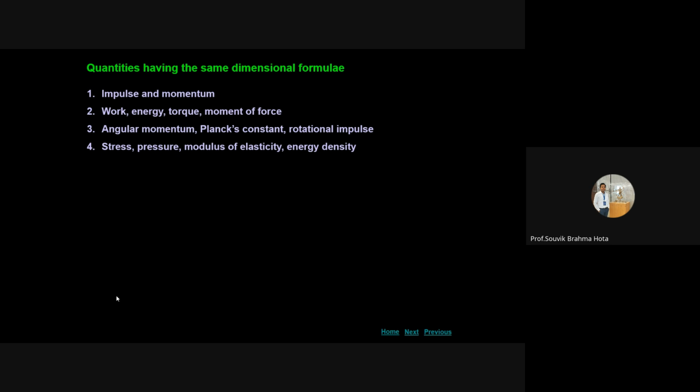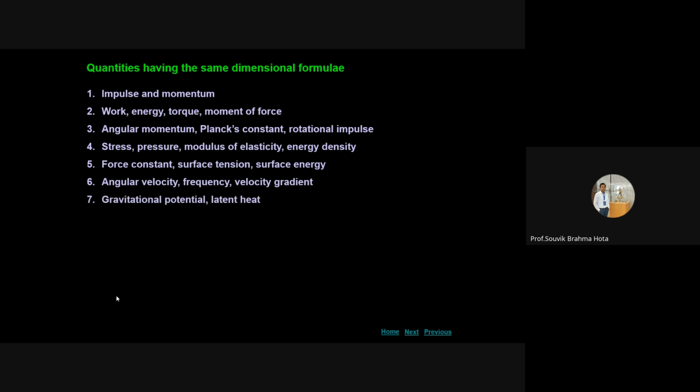Stress, pressure, modulus of elasticity, even the energy density, all have the same dimensional formula. Force constant, surface tension, surface energy. Most of the time they can ask you for the Planck constant, modulus of elasticity, surface tension dimensions. Frequency.